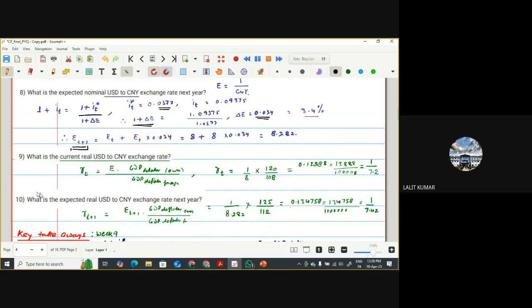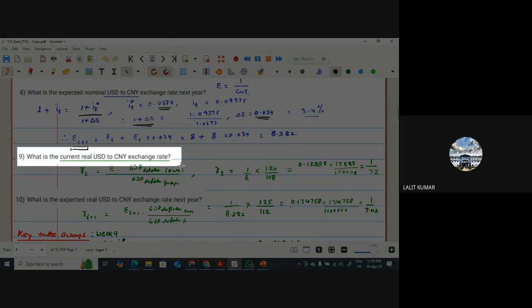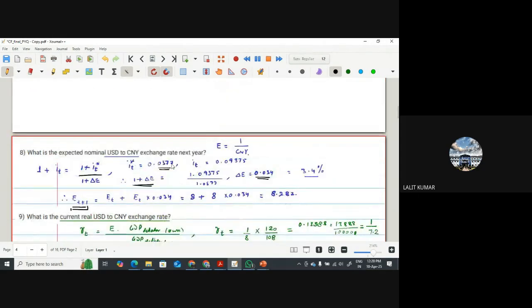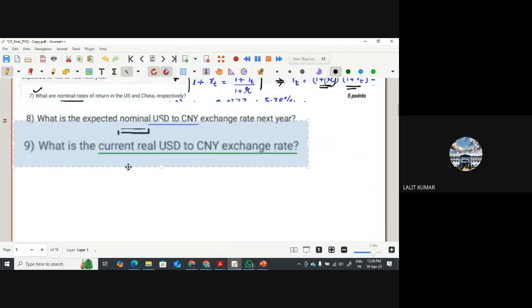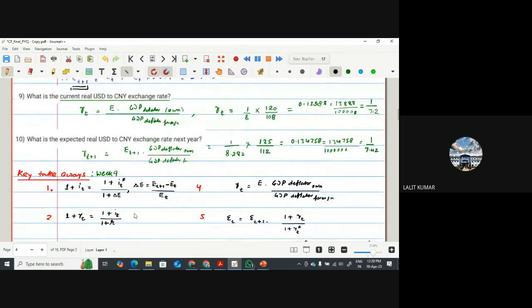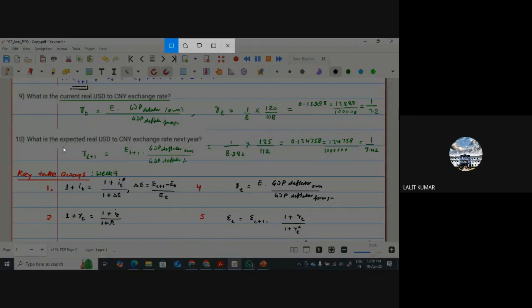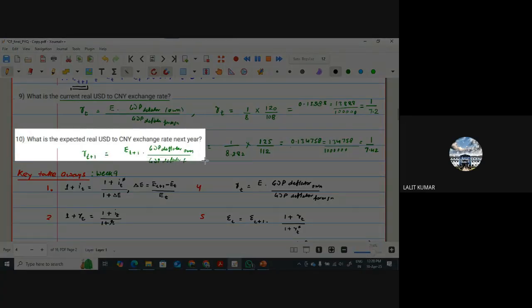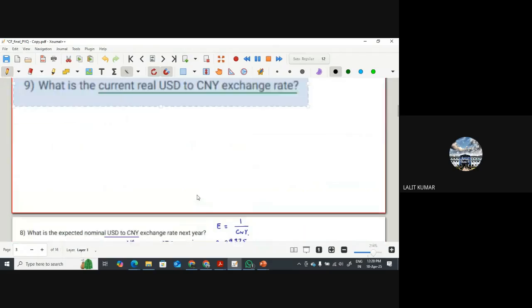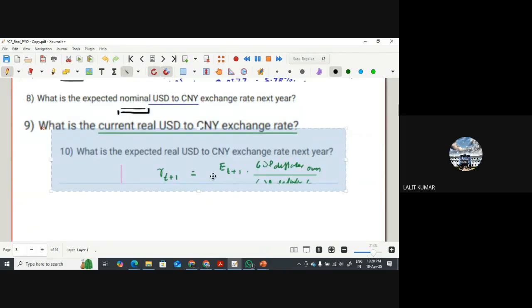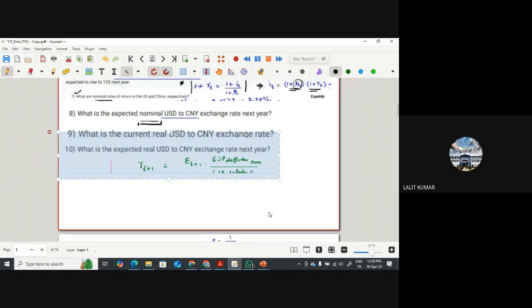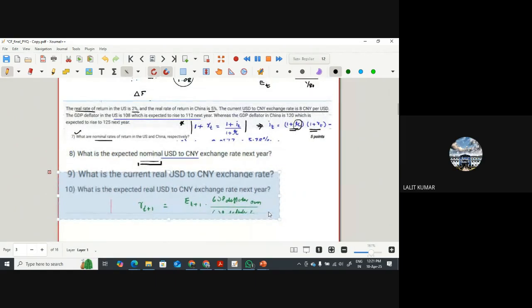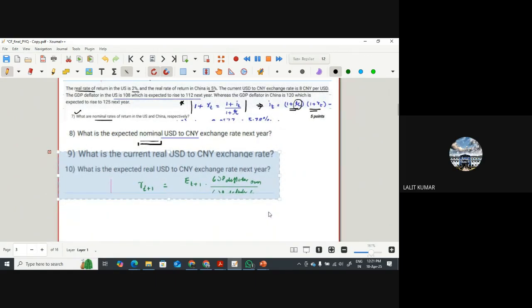Solve them one by one. Is this visible to all of you, the questions?